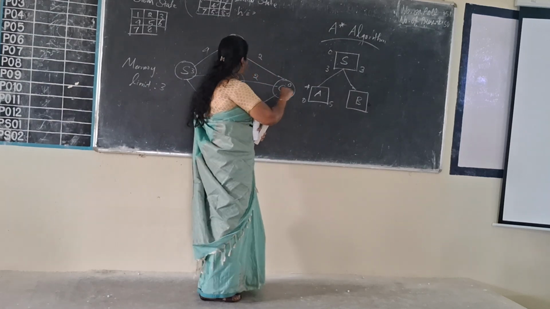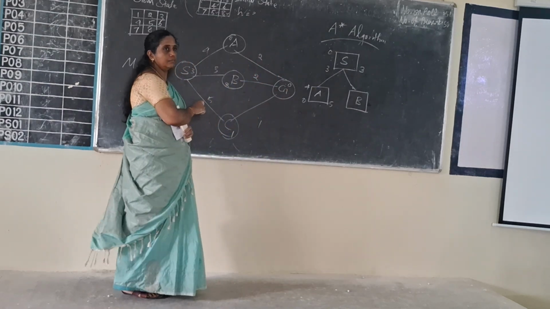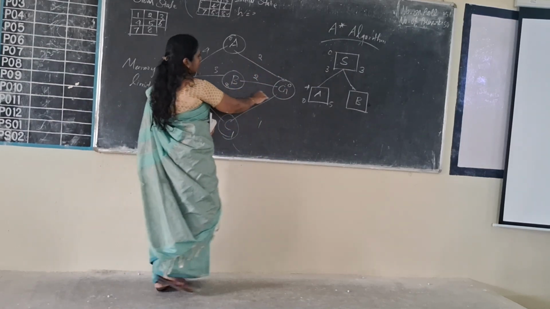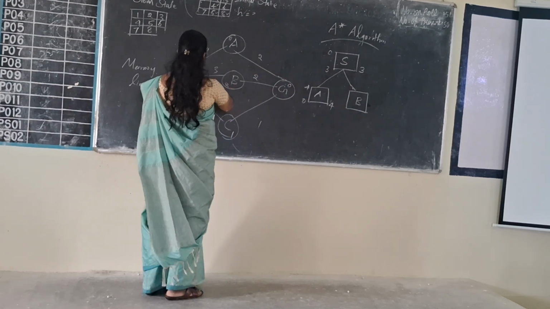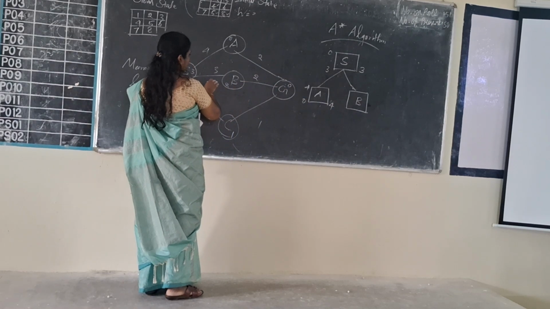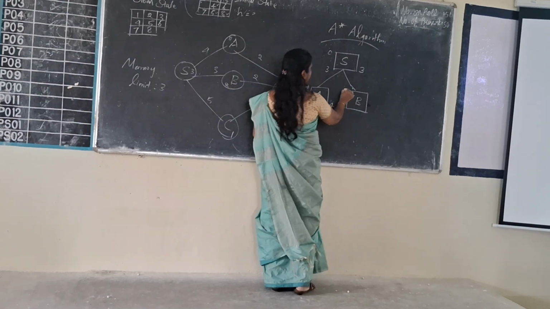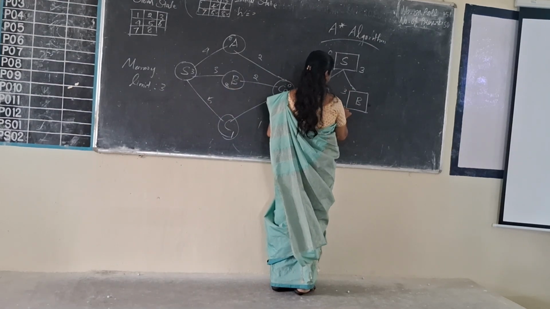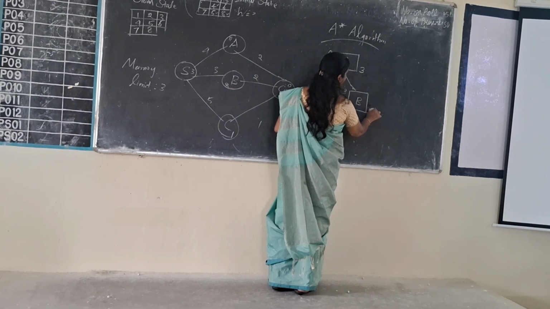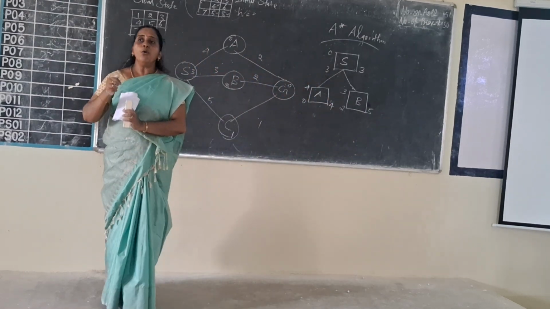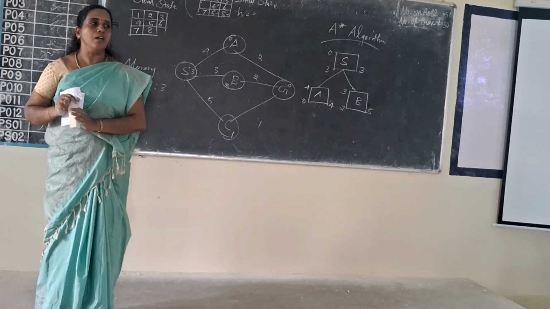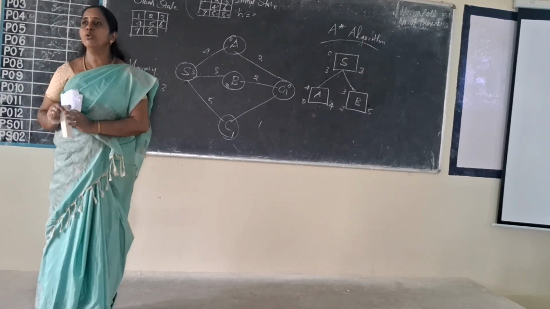Like that for node B, 4 plus 4. For node D also write the values of g of n and h of n: g of n is 3, h of n is 2, f value is 5. Now we need to explore C also, but there is no memory.